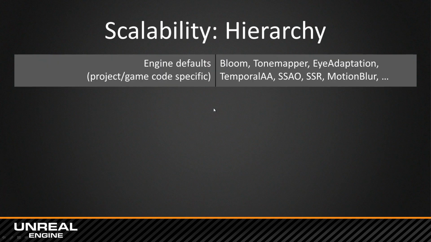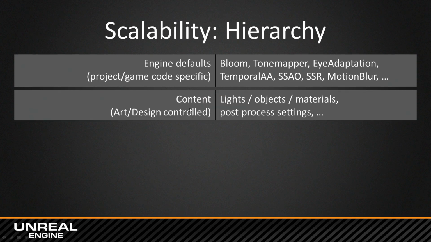But they're all applied in a hierarchy. So we first have some defaults on the engine side. For example, we decided by default bloom is on in a certain quality. And we want to have a tone mapper, and we want to have eye adaptation and so on. So those features have some default settings. And if you want to override them, you go to the next level.